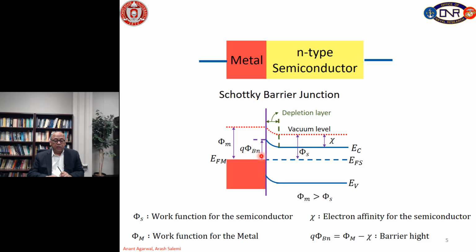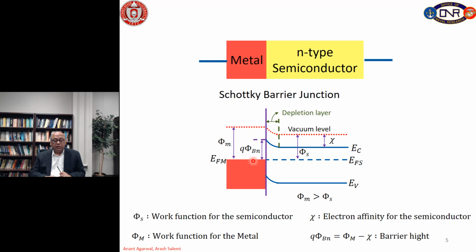And then there is a metal work function phi m, which is measured from the metal Fermi level to the vacuum level. Now, if phi m is greater than phi s in the semiconductor, as we have assumed here, it turns out that the energy of electrons in the semiconductor is higher than the energy of electrons in the metal.